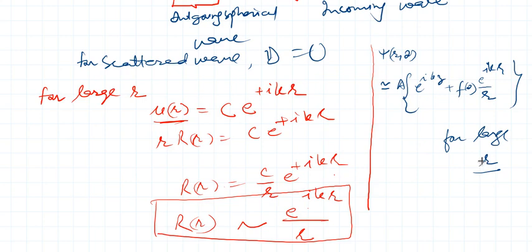It was written there. So that means I started with the spherical potential and applied the condition that when r is very large, and I have got the same result for the outgoing wave, right?